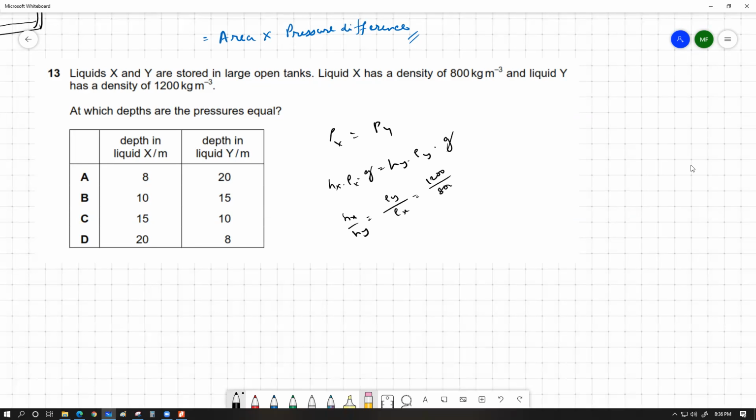So we place these two numbers over here, and we get 3/2. So this goes on to show that the ratio of Hx to Hy has to be 3/2. So the value of Hx has to be bigger. So try all of these options and see for which one you get a 3/2 ratio. I think C. C is the correct response essentially.